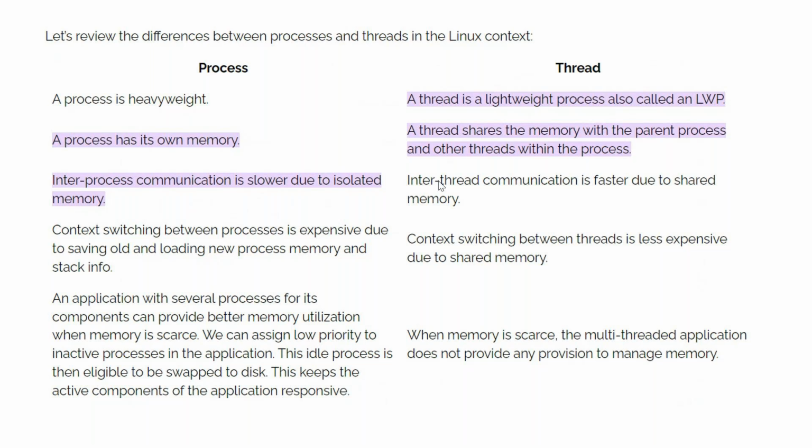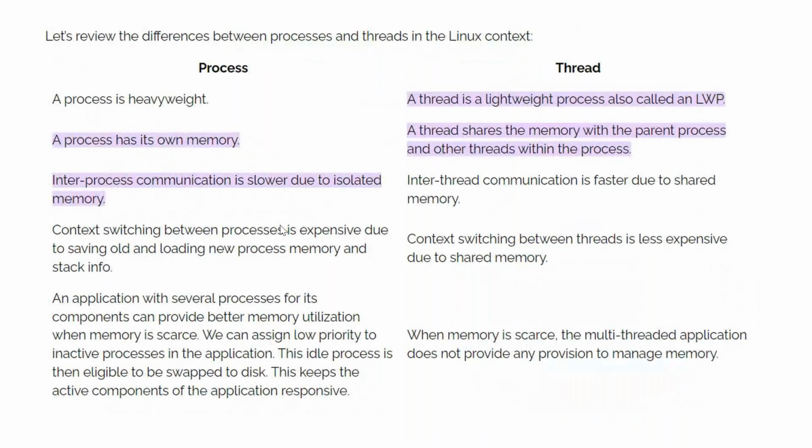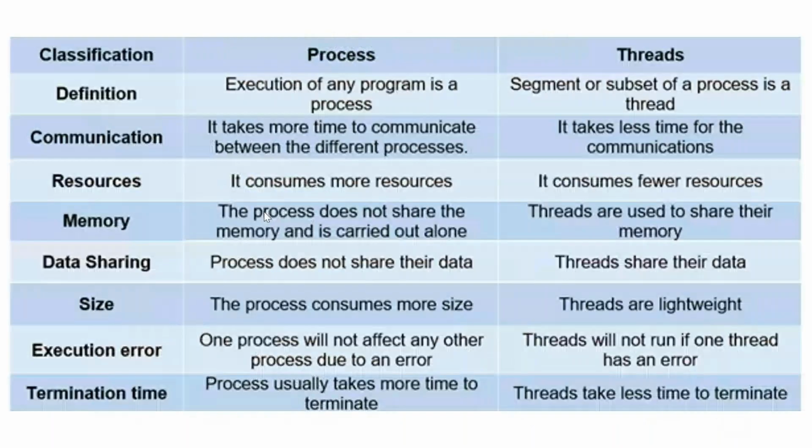In a thread, context switching between threads is less expensive due to the shared memory. That is a major difference between processes and threads. Now how do you define whether you want to run an application as a process or thread? It's all the design you make, and programming languages with threading let people practice and make it happen. These are more differences between process and threads.